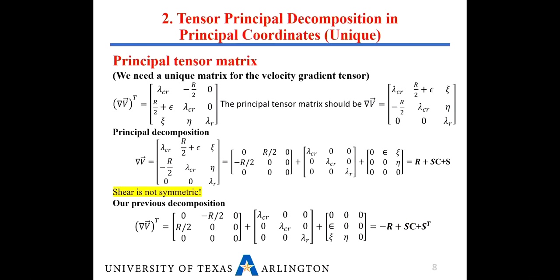We call the parts rotation, stretching, and shear: R, S, C, and S. This is what we call it. Well, if we use the T, we get this, the lower triangle. Same thing, but it's the transpose. This is what we use.